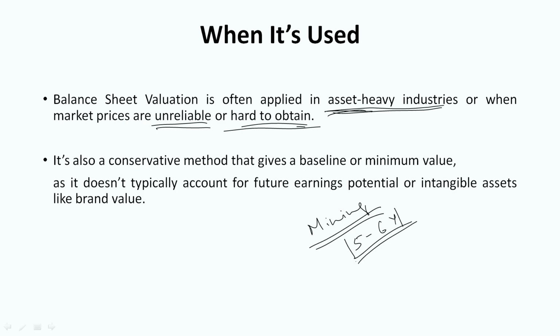Under such situations, I can use balance sheet valuation, because whatever information is available in the balance sheet could be identified as a benchmark, based on which I can find out what should be the value of an equity share. Okay. And this is considered to be a conservative approach.